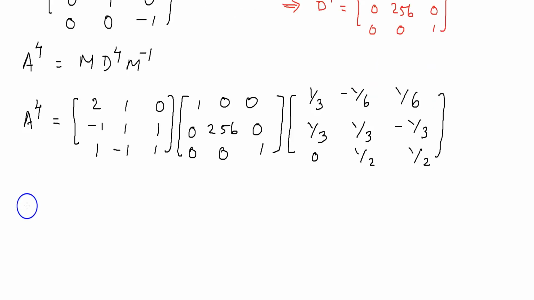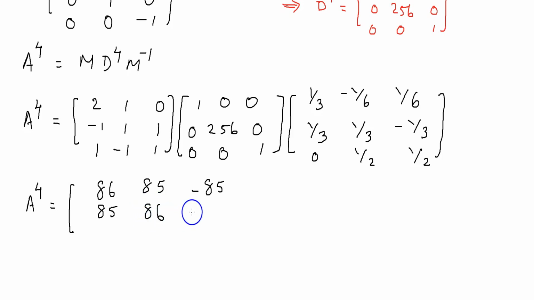After multiplying these three matrices, we get A raised to 4 equal to 86, 85, minus 85, 85, 86, minus 85, minus 85, minus 85, 86.